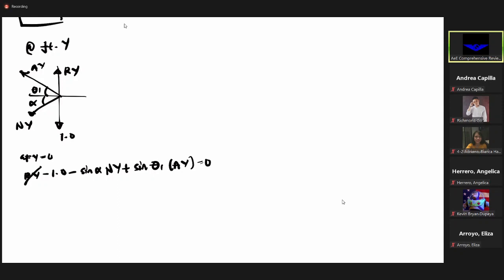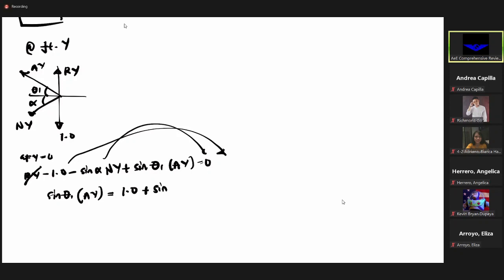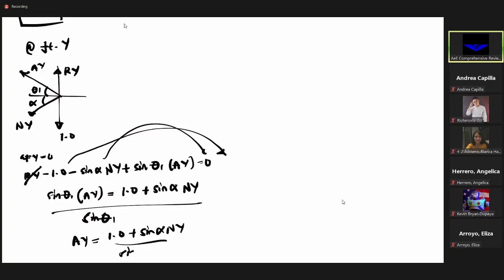So pag inilipat natin sa kabila yung mga negative signs, so meron tayong sine theta sub 1 AY is equal to 1.0 plus sine alpha NY. Divide both sides by sine theta sub 1. AY is equal to 1.0 plus sine alpha NY over sine theta sub 1. So this is again your equation 1.